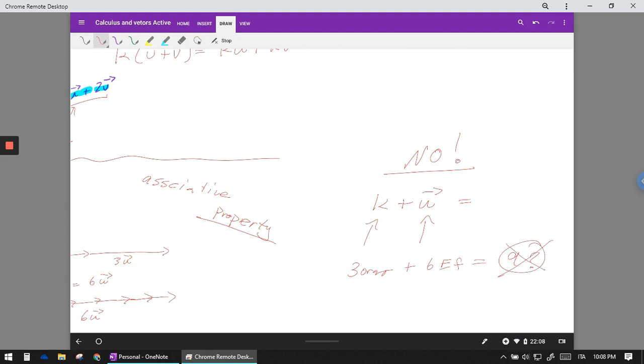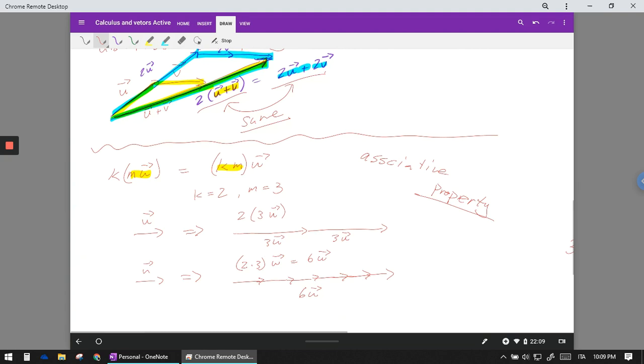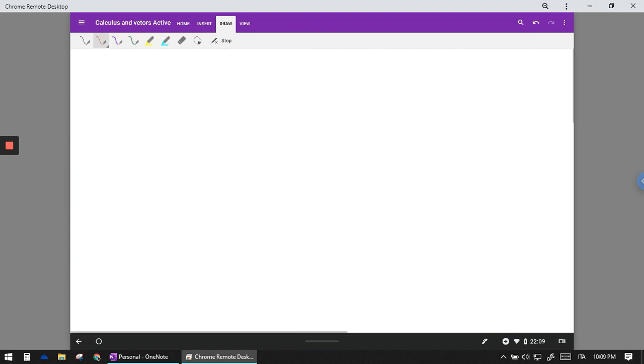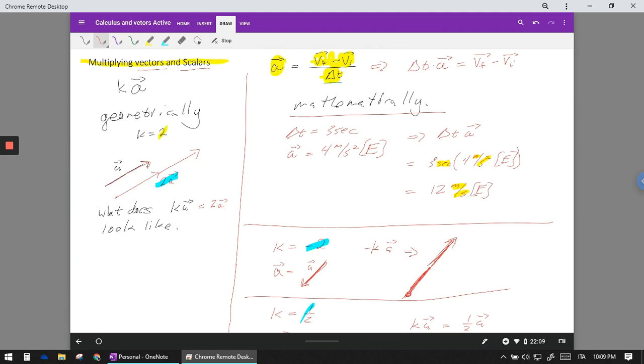You don't have 9 oranges or elephants, you got 9 things, right? Basically, what I'm trying to say here is you can't add a vector with a scalar because it just doesn't work. All right. Anyway, those are some things that you're going to want to keep in mind for multiplying vectors and scalars. It's section 6.3.